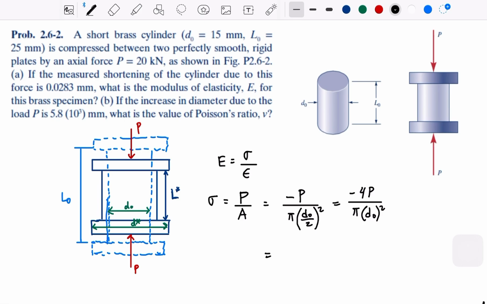So this will be negative 4 multiplied by 20 kilonewton over pi times 15 millimeter squared. Okay, let's check.